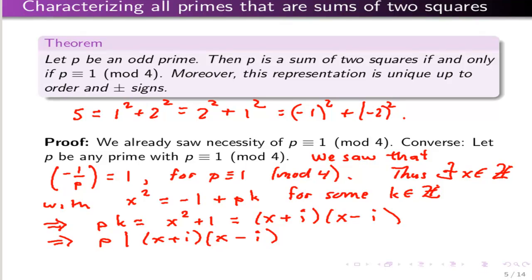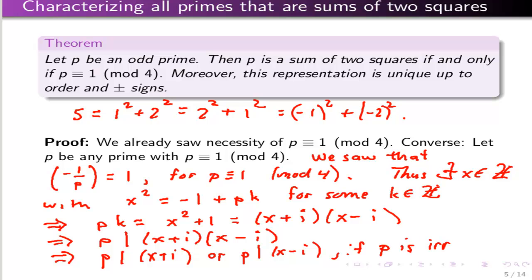Now if p is an irreducible in the Gaussian integers, this would imply that p divides x plus i, or p divides x minus i, if p is irreducible in Z[i]. So let's consider that possibility.